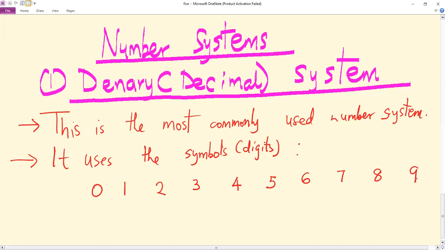So the denary or decimal number system uses 0 to 9 simples, 0 to 9 digits, which are 10 simples in total.